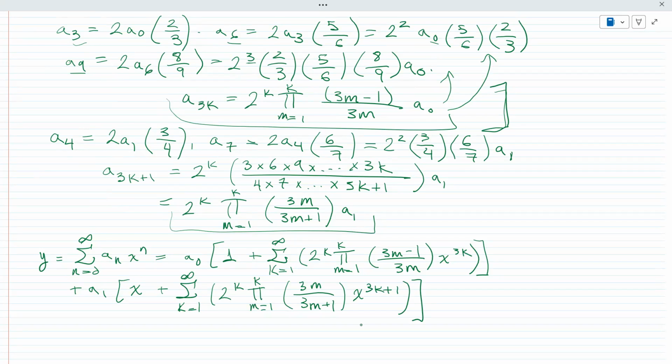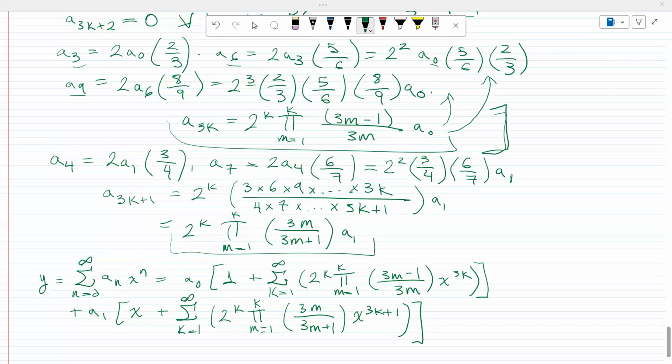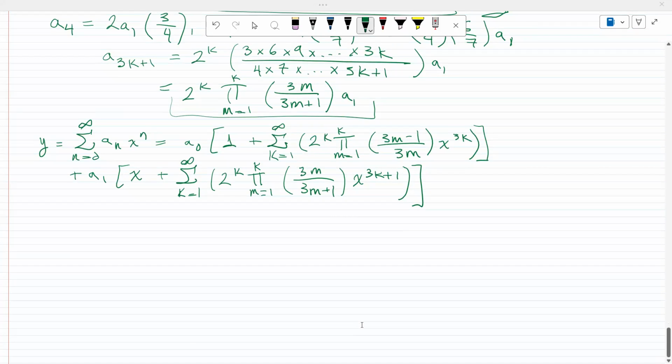Now, one other thing that these questions might ask you to solve for is the radius of convergence for these solutions here. If that's the case, you will have to use the ratio test.